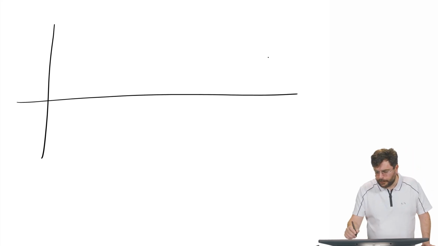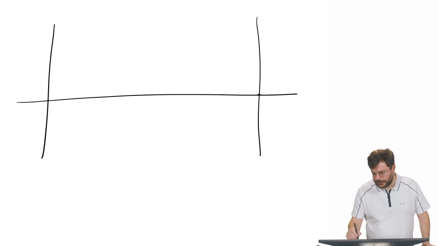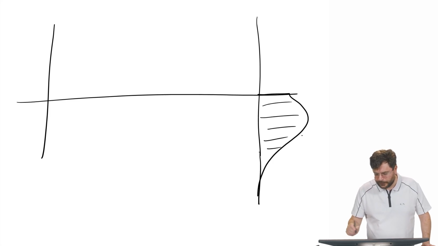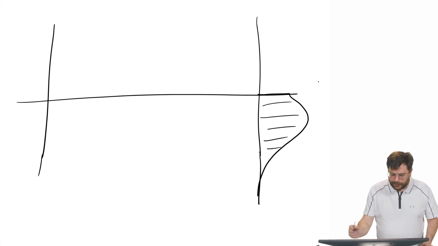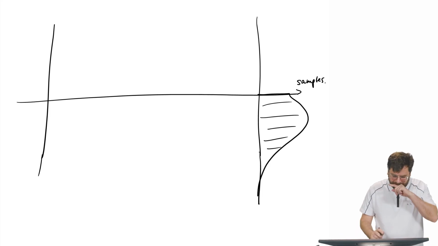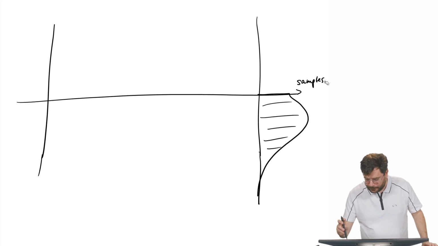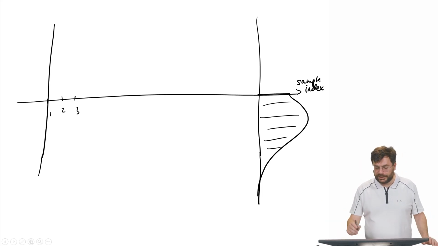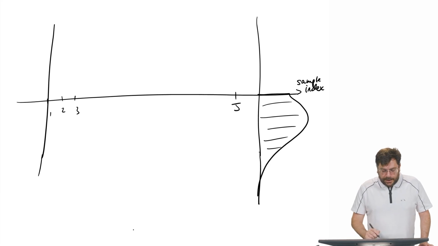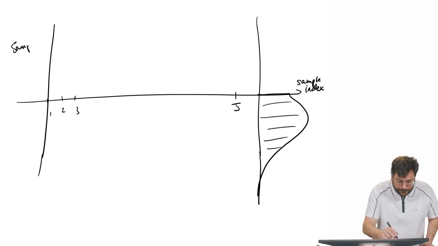Suppose that this is the distribution that I want to explore. I know that this looks a little bit complicated, but what I'm going to plot here is my sample index, in other words, my first sample, my second sample, my third sample, all the way to big J samples, versus the sample itself.